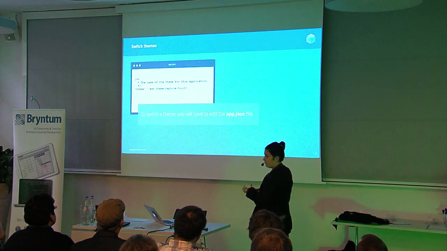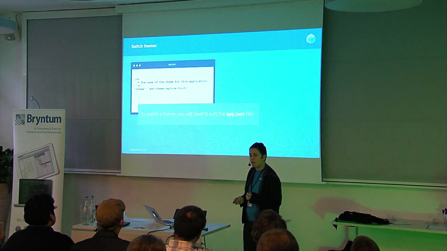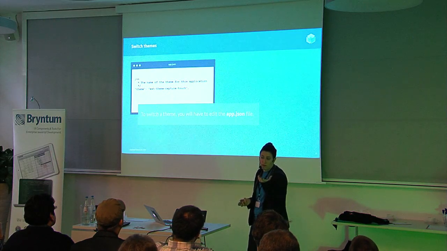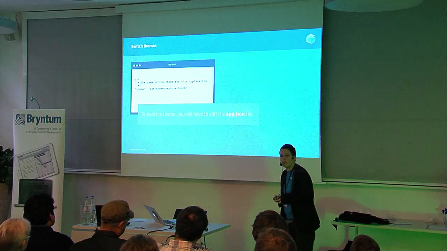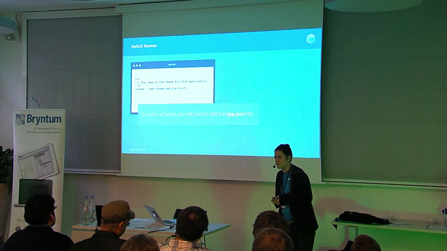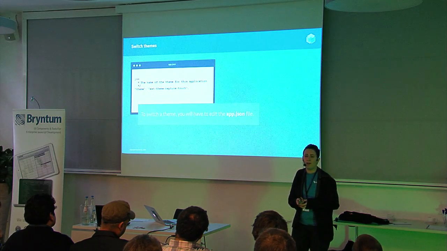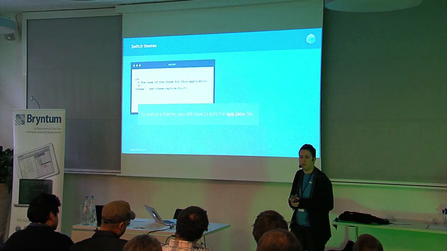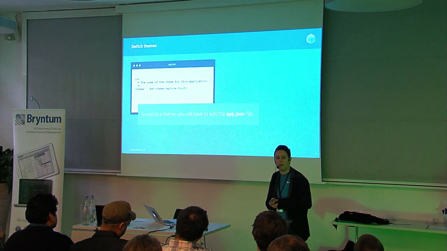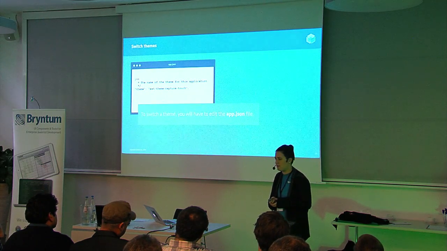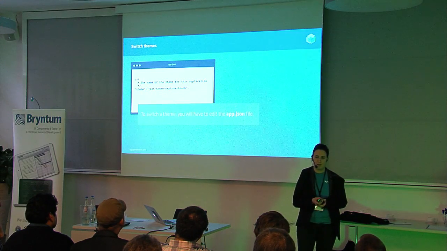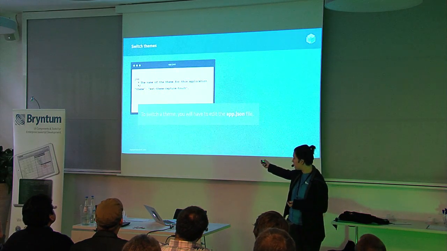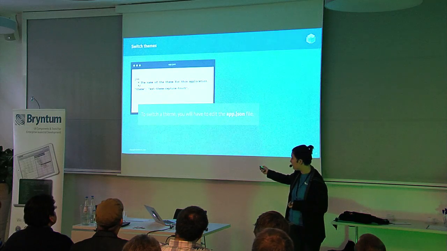When you have such a theme and you want to use one of these themes, then you need to include that in your project, and especially for the people that are using Ext3, the way you switch themes in ExtJS5 is not via the index HTML. It's like an absolute no-go to set your style sheet in the index HTML. We do this in app.json, and I will tell you why.